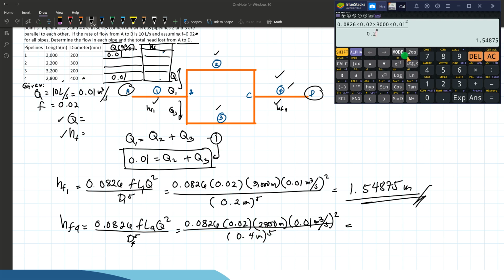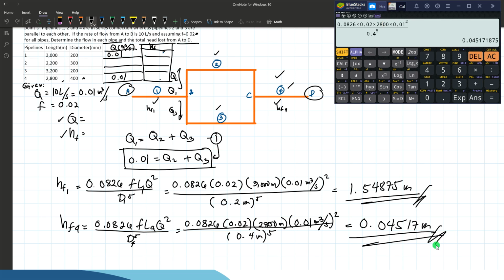So let's change this to 0.4 and this one to 2800. The result is 0.4517 meters. That's the head loss at pipe number 4.